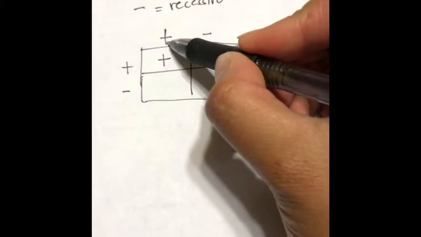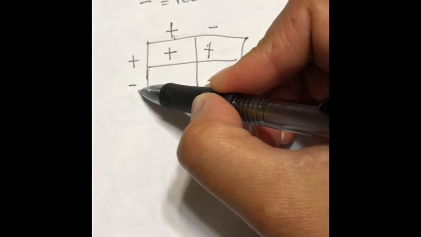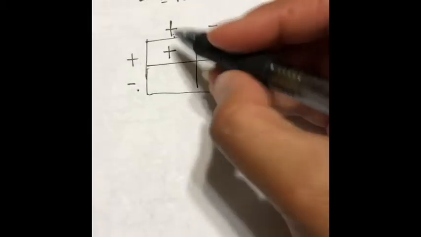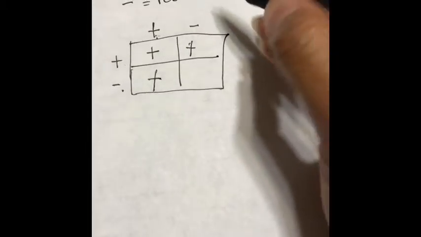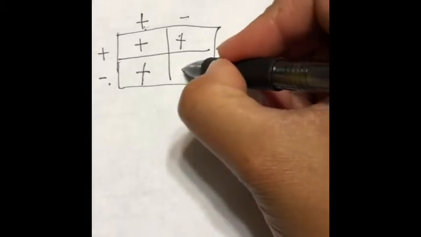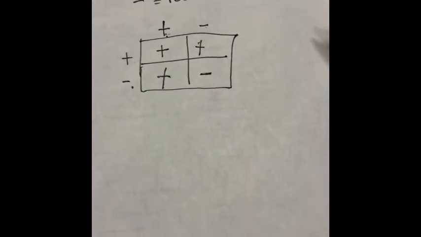Same thing with this. If this is a positive blood type times this blood, because positive is stronger than the negative, it will remain a positive blood type. The only time you will have a negative blood type is when both alleles are recessive. And so in this particular case, this would be a negative blood type.